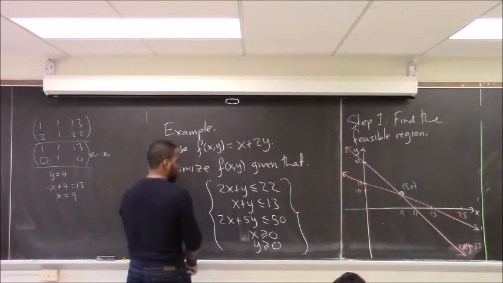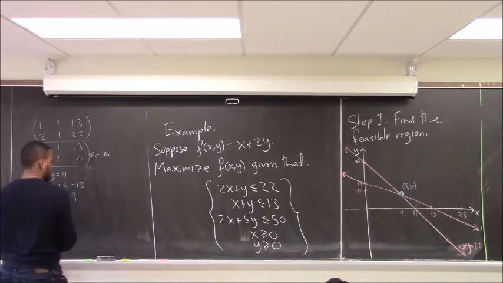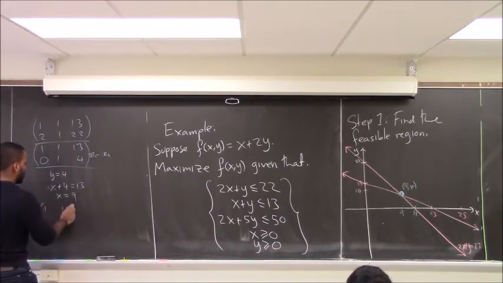Now let's intersect this line with that line. Do that in purple. So 1, 1, 13, 2, 5, 50.